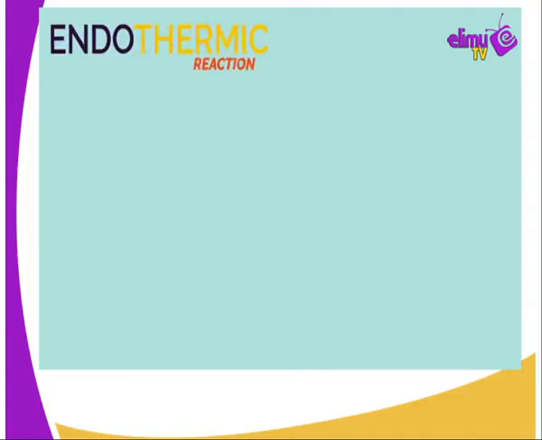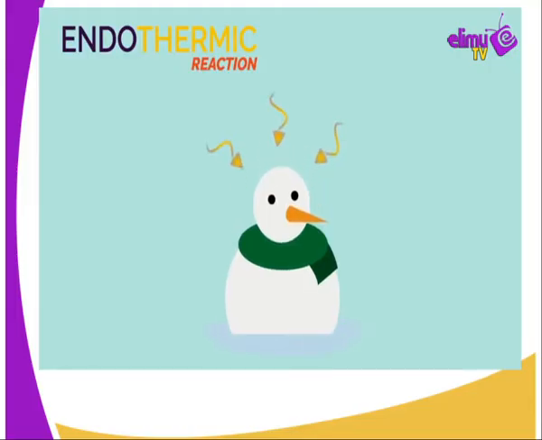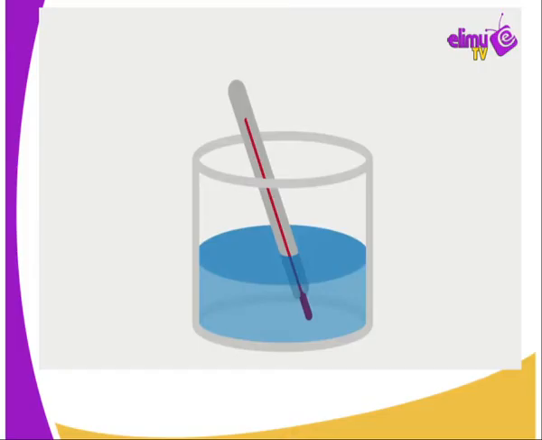What about an endothermic reaction? A reaction in which energy is absorbed from the surrounding, and this leads to a decrease in temperature of the surrounding, which is the environment. So which are some of the processes where an endothermic reaction or process occurs?